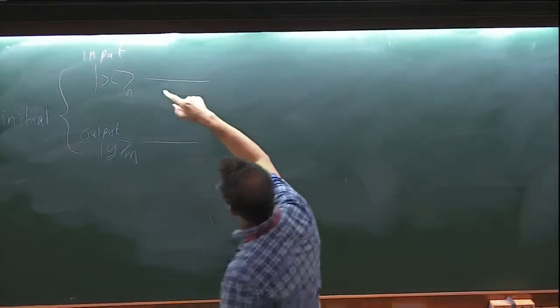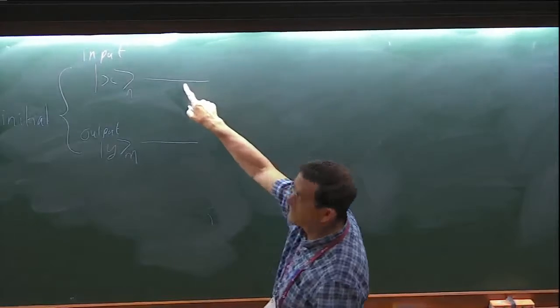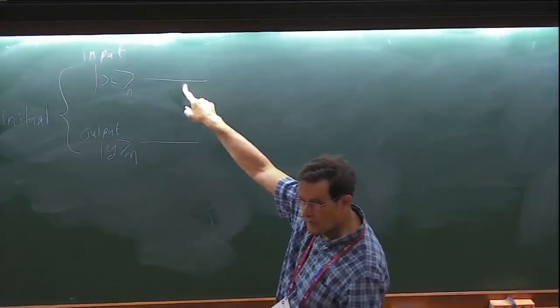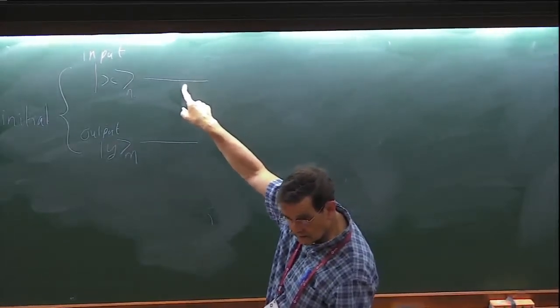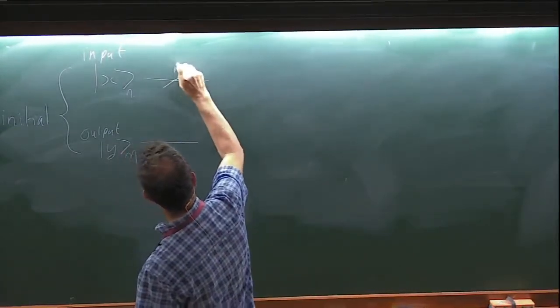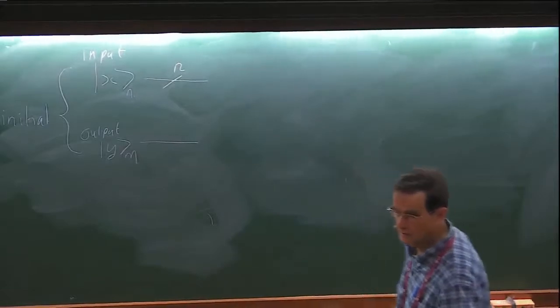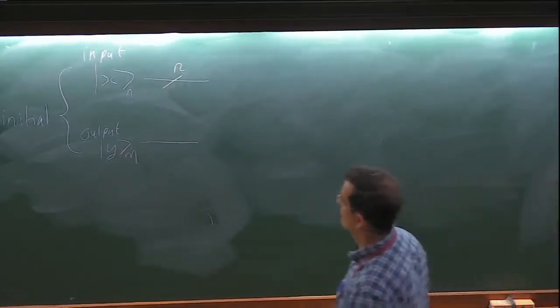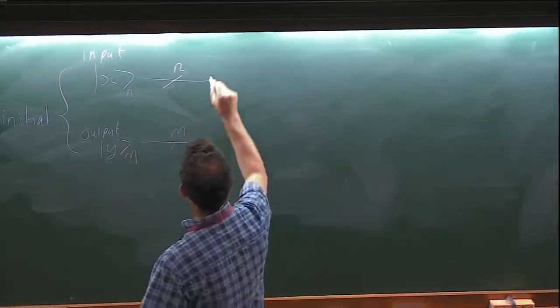If we want to indicate in the circuit diagram that this line is not 1 qubit, but some different number, it's conventional to write a slash and the number of qubits involved. So this is n qubits, this is m qubits.